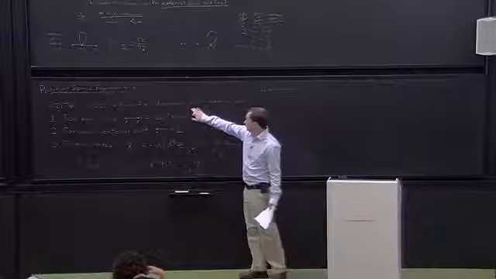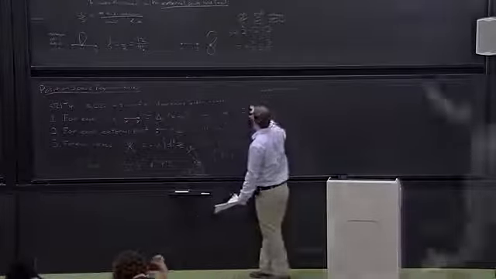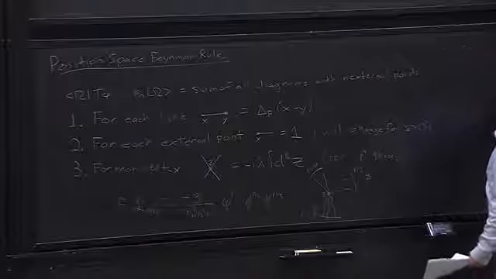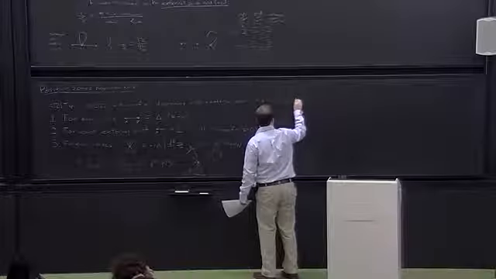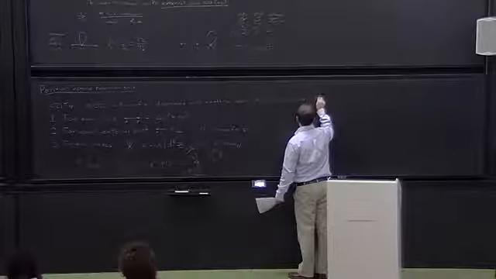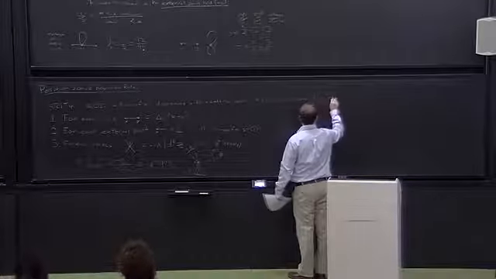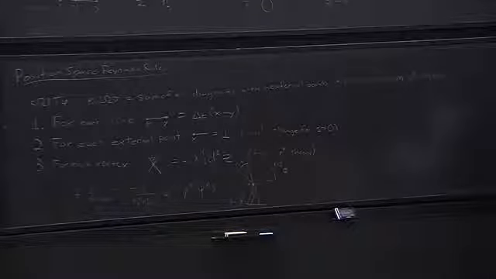And so the Green's function is equal to the sum of all diagrams with n external points and no vacuum diagrams, because they cancel between the numerator and the denominator. Are there any questions on that?